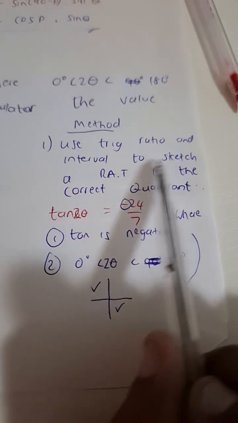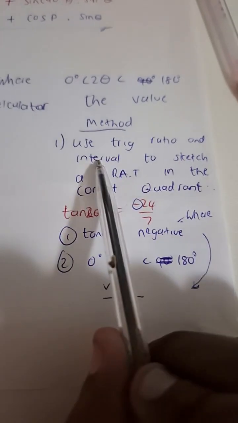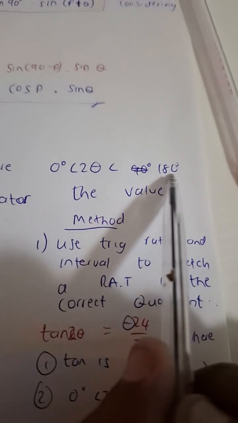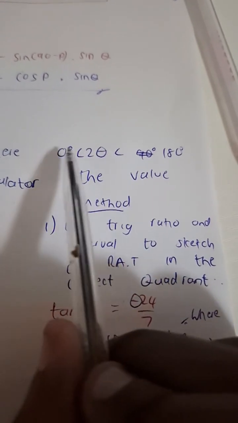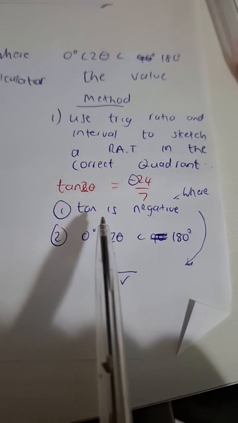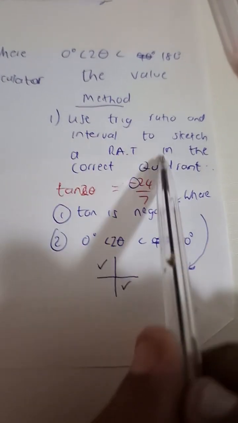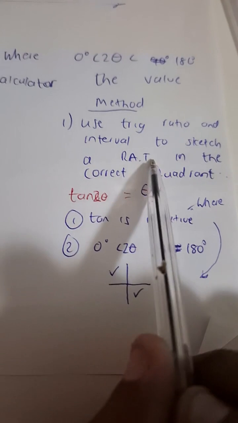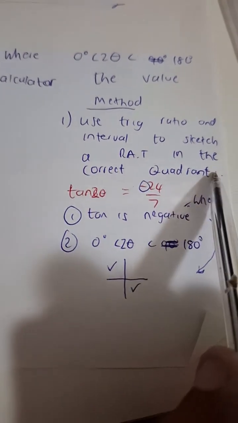Okay. So like I said, we need to use the trig ratio that has been given together with the interval that we have. The interval, guys, is this here: 2 theta is between 0 and 180. We use those two to sketch a right angle triangle in the correct quadrant.